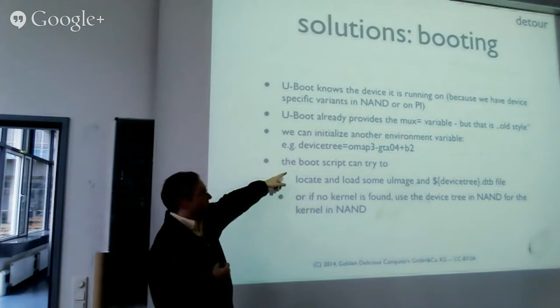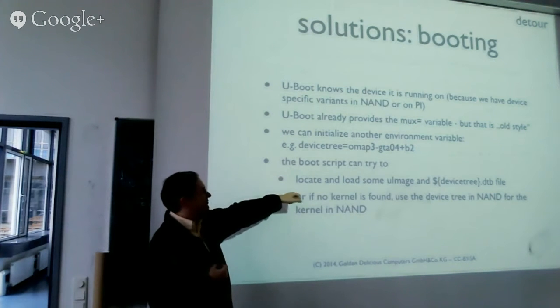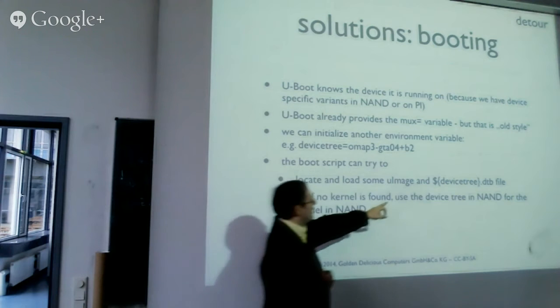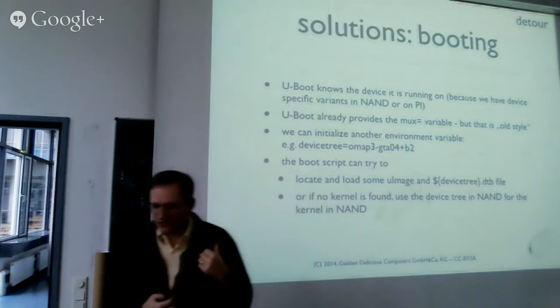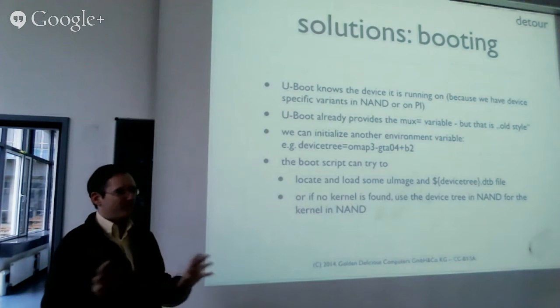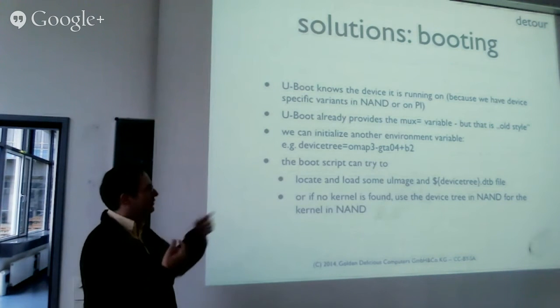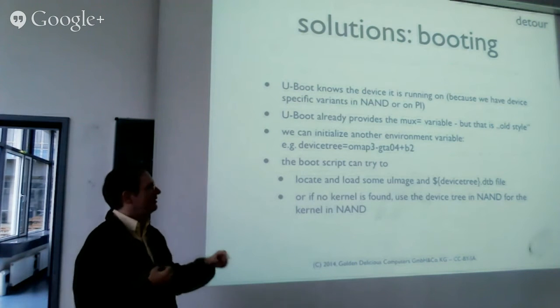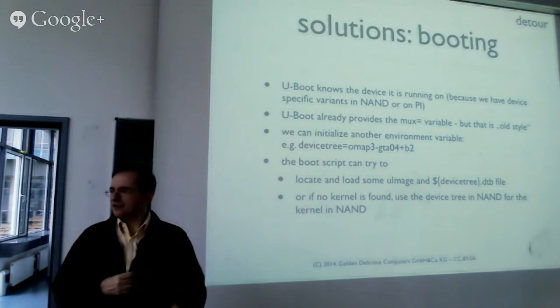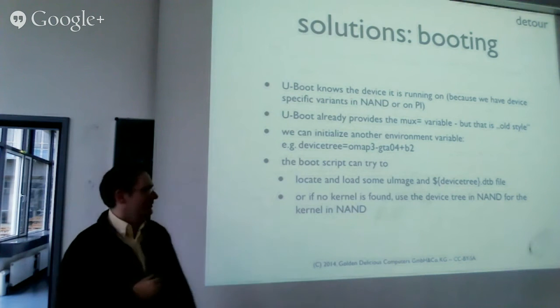The boot script then locates the uImage and simply locates this devicetree.dtb file. So the boot script itself is again the same for all devices because it has this variable. So this encoding of which device it is running on is done by U-Boot.